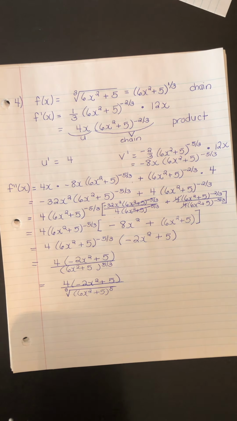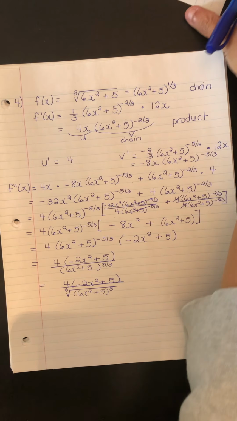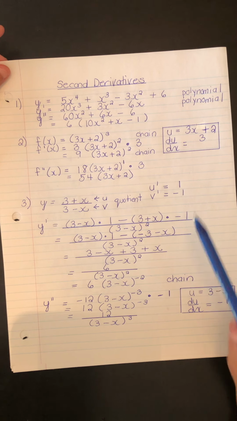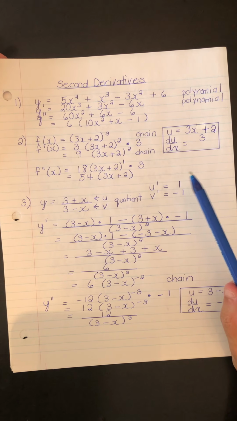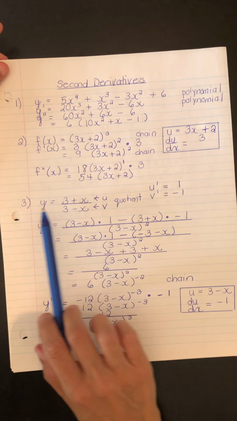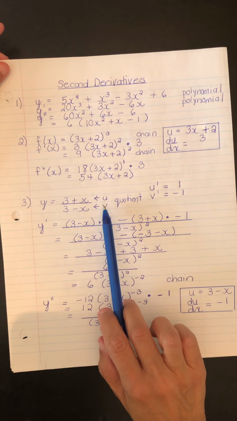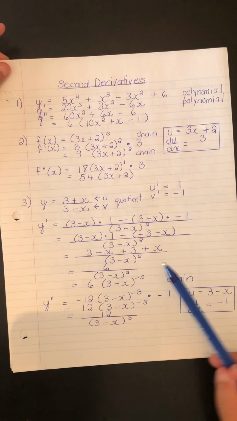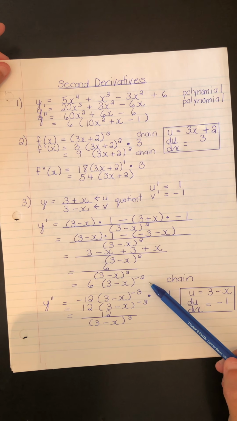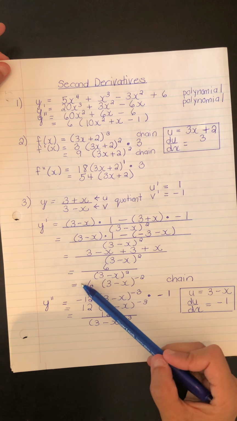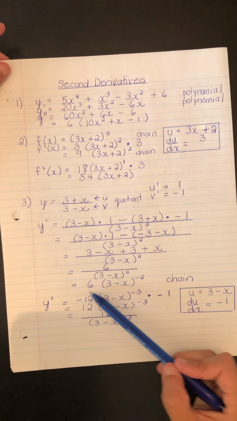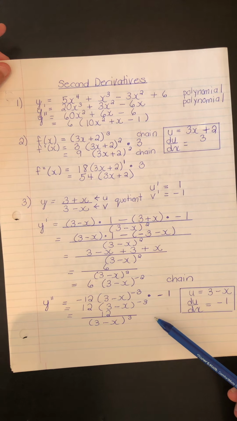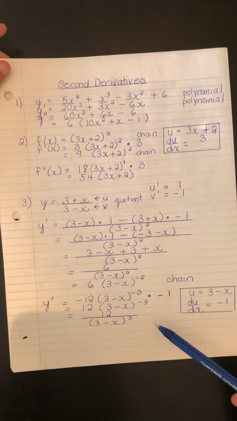So I think that the last two examples are highlighting the fact that the function can change. So in example 3, we had a quotient for y, but y prime itself was not a quotient, but rather a chain rule could be used on it.